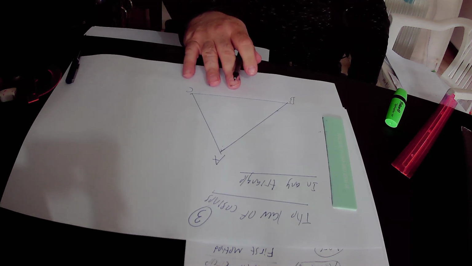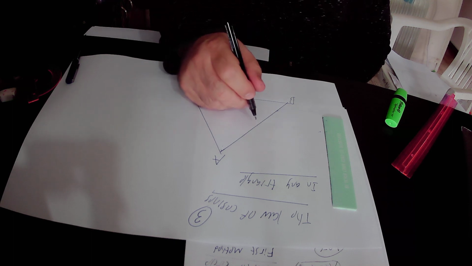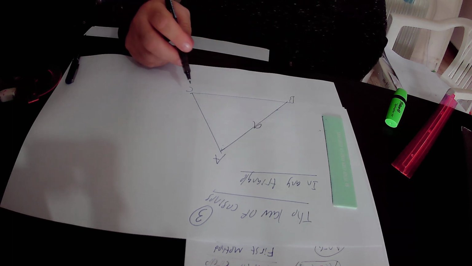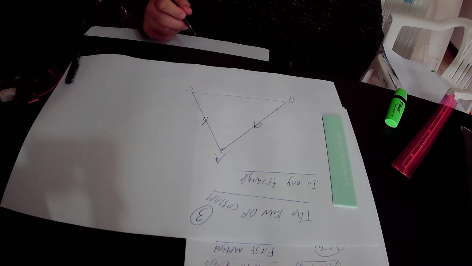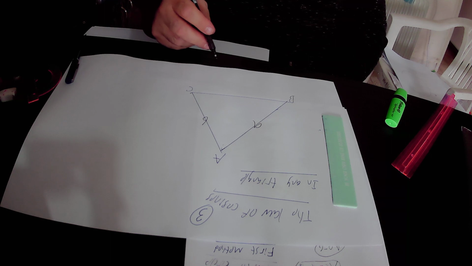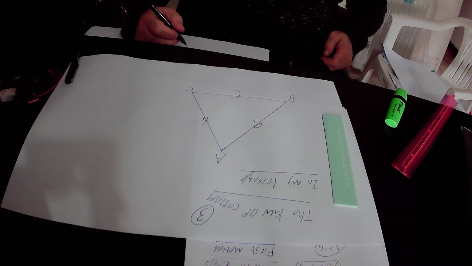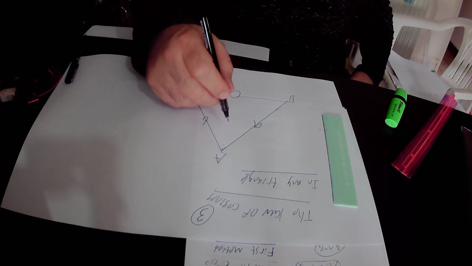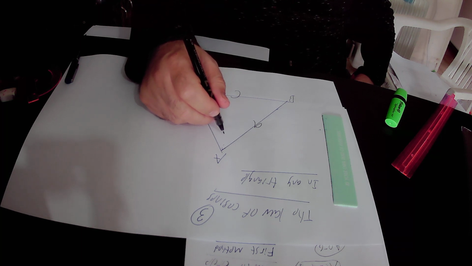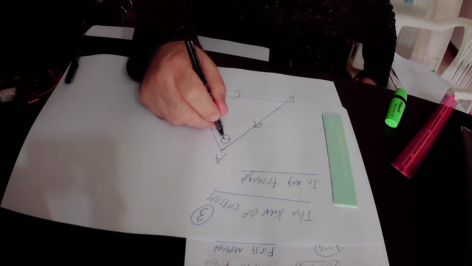We know that the length of side AB equals A units. The length of side AC equals B units. And the side BC equals C units in its length. And we also know that the angle between side AB and side AC is alpha or theta. Let's call it theta, doesn't matter at all.